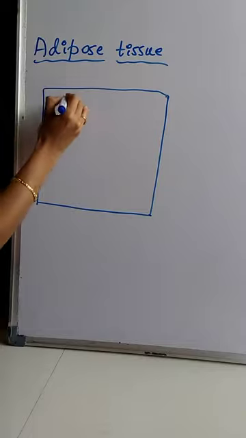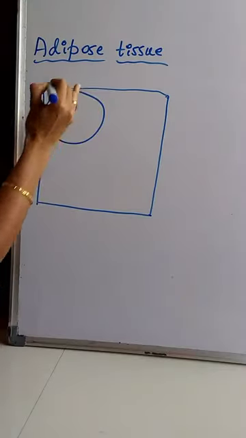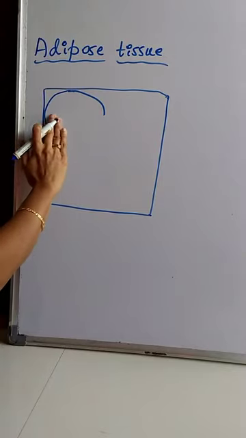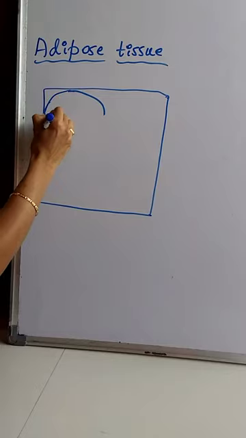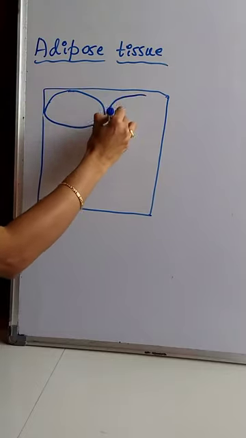Adipose tissue contains many adipocytes, which are oval shaped.